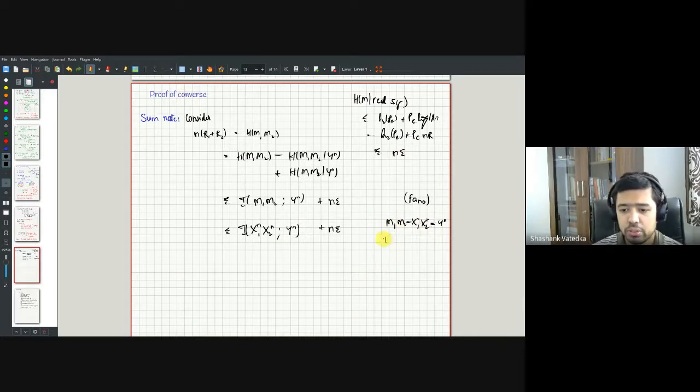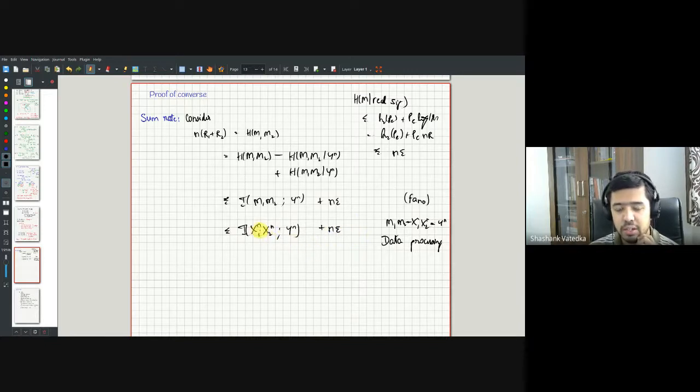So we use the data processing inequality. Now the rate is always going to be less than or equal to some complicated n-letter mutual information term plus n times epsilon.